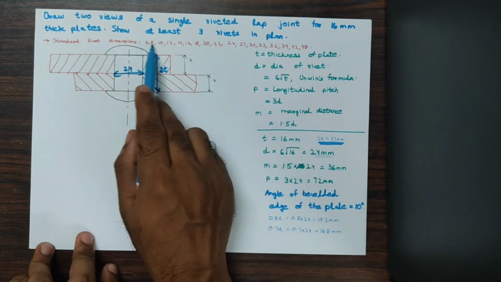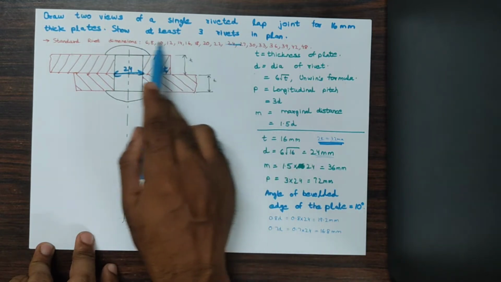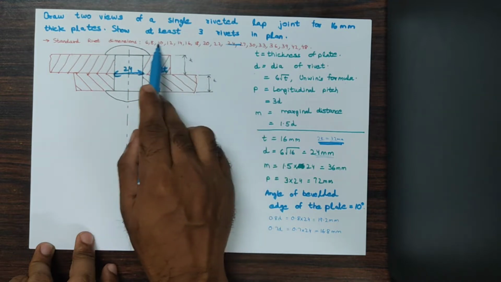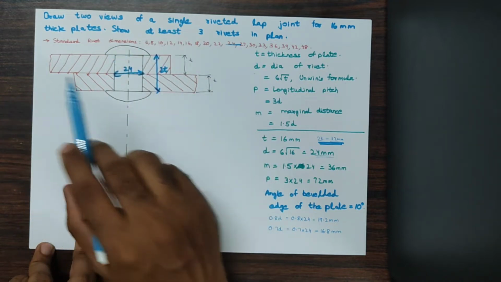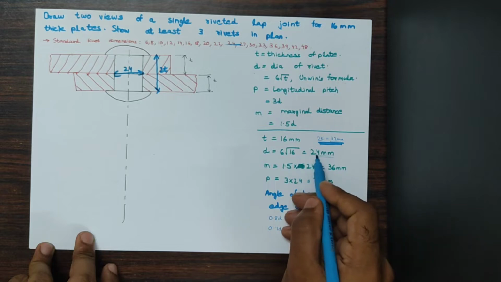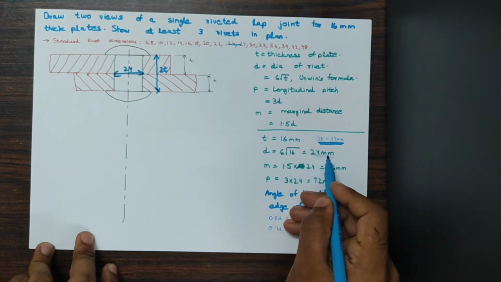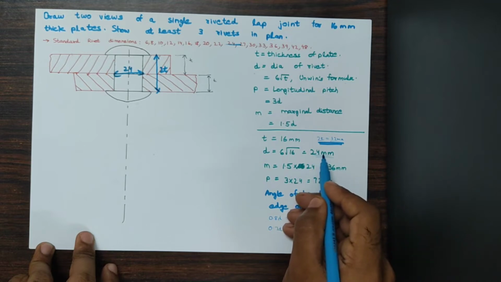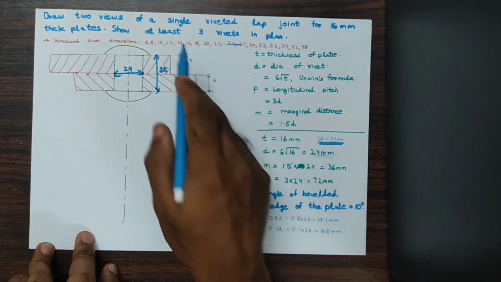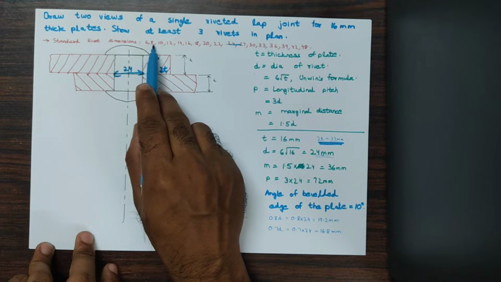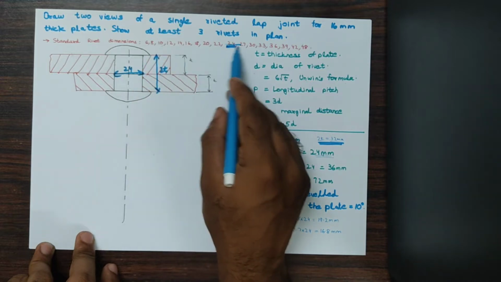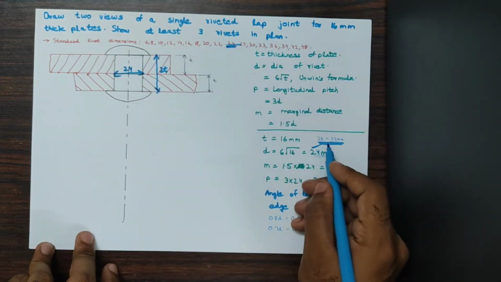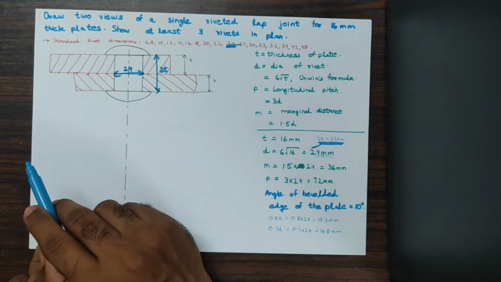And if you look at this particular chart, these charts represent the standard dimensions of a rivet. If you look at the diameter of rivet, I have obtained it as 24 mm. So after obtaining this diameter of rivet, you have to compare this value with the chart. If you look at the chart, you can see 24 is there. So I can use this particular dimension as the dimension of my rivet.